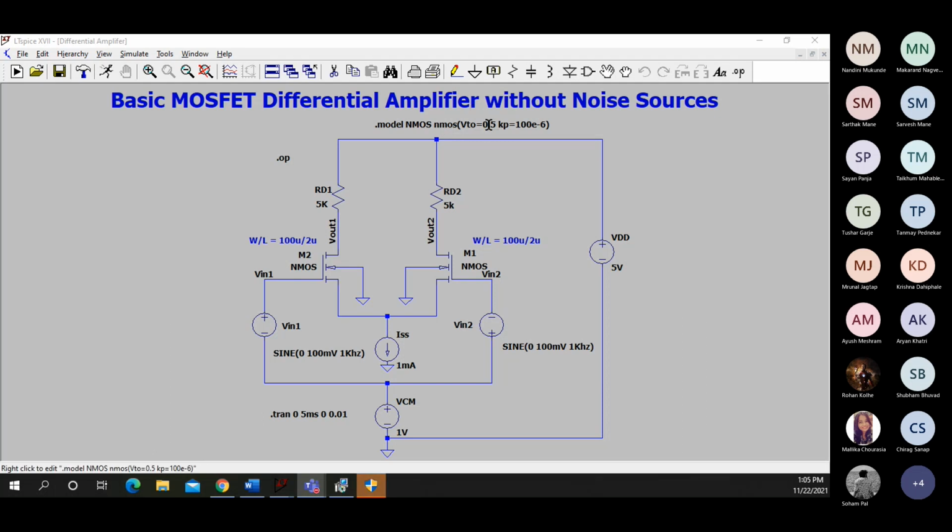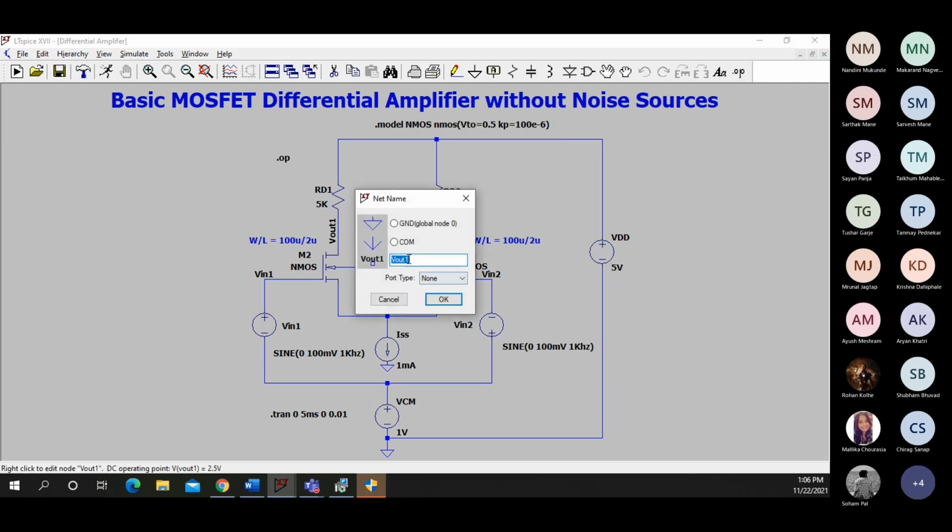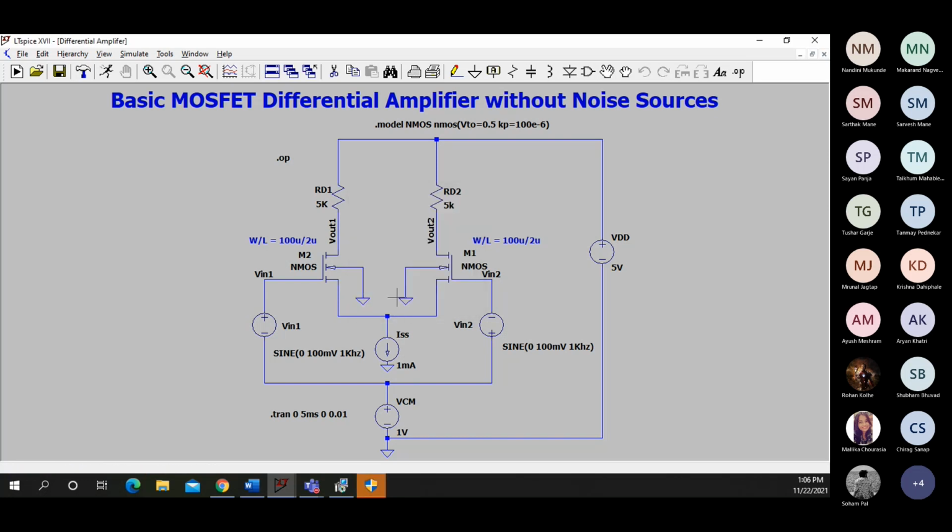Some information regarding the MOS is also here: NMOS has a threshold voltage of 0.5 volts, and the value of Kp, that is mu and Cox, is 100 into 10 raised to minus 6 amperes per volt square. And these are the branches where we are going to measure V out 1 and V out 2. You can label this as V out 1 and this branch as V out 2.